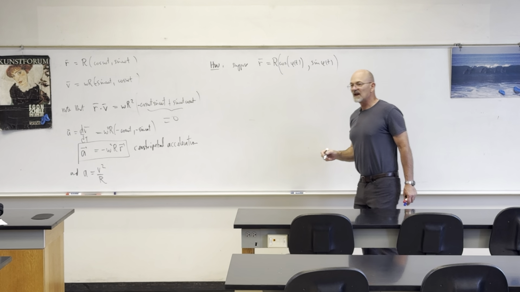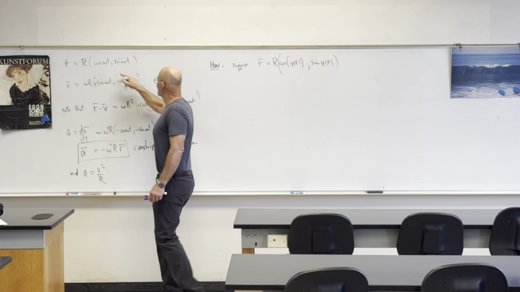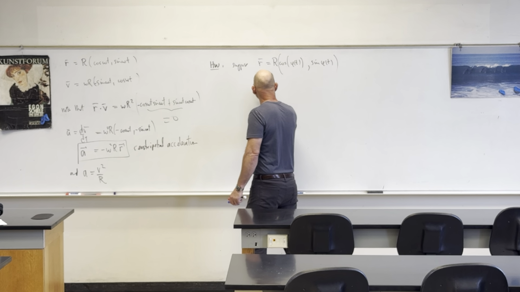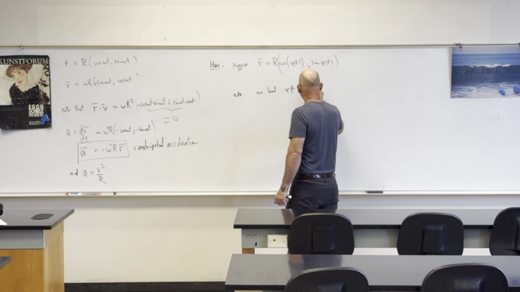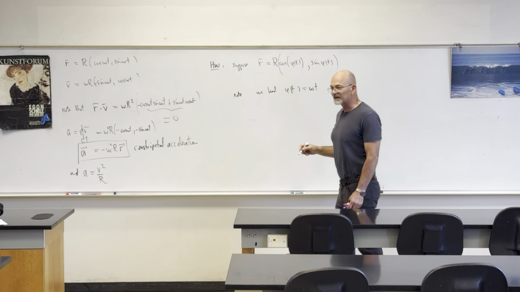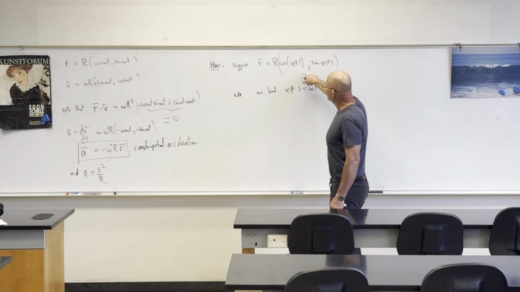So now we're generalizing a bit. Okay. Instead of this uniform, right? So I'll put as a note here. We had phi of t equals omega t, right? That's what we had before. Now we have phi of t in general.